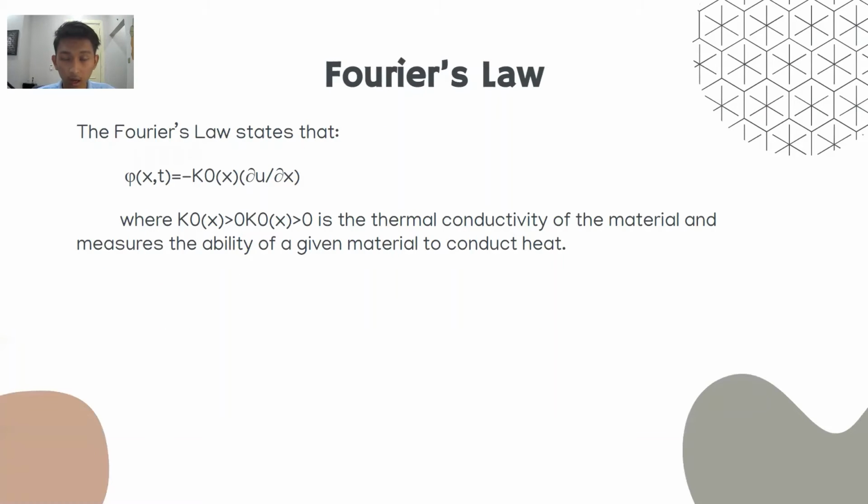So next, Fourier's law. Fourier's law was introduced by Joseph Fourier in 1822, where it is about thermal conductivity. So here you can see Fourier's law states that K naught and so on is the thermal conductivity of the material and measures the ability of a given material to conduct heat.